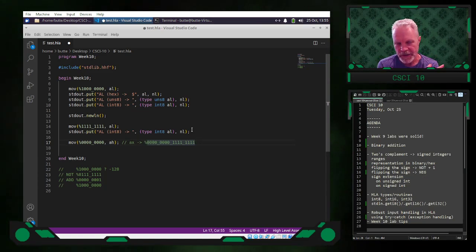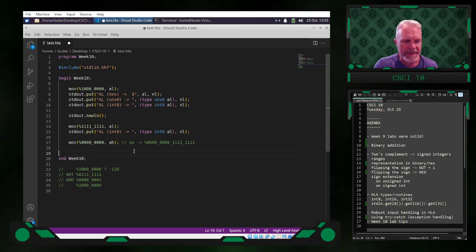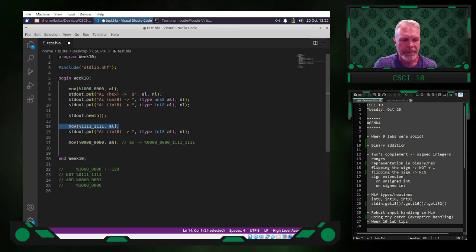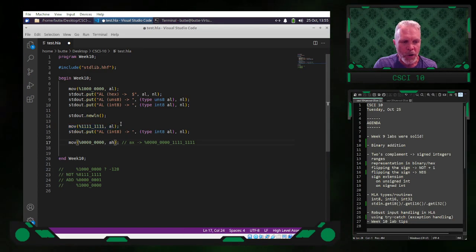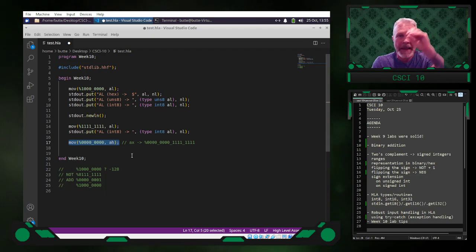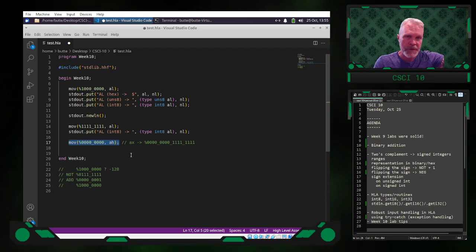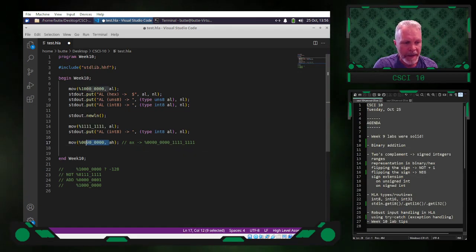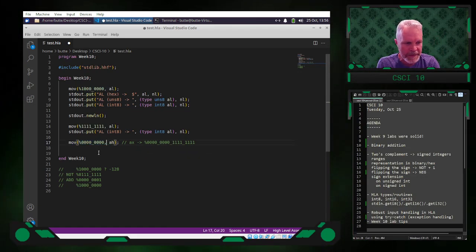So what I've done here is I have extended this value. I have more or less grown the AL value to cover over AL and AH, which means that it's now covering all of AX. And you may remember that we did this for division.